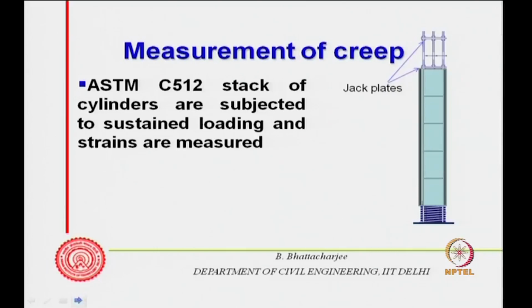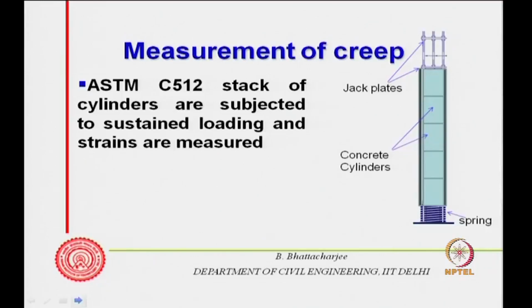jack plates, lower and upper, through which you actually apply load onto these concrete cylinders, and there is a plug in between. This is almost schematic, and there is a spring below.